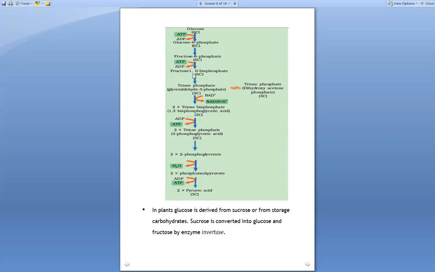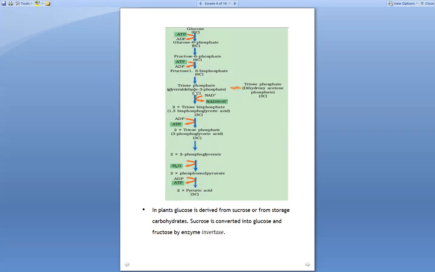For this reason, two phosphates are there and it is said to be bisphosphate. Again, this fructose 6-phosphate was a 6-carbon compound, and this fructose 1,6-bisphosphate is also a 6-carbon compound.